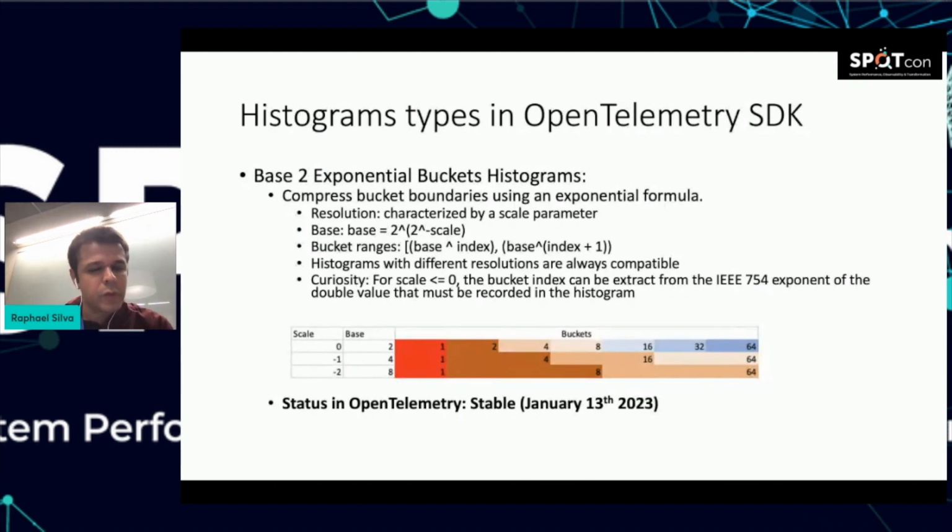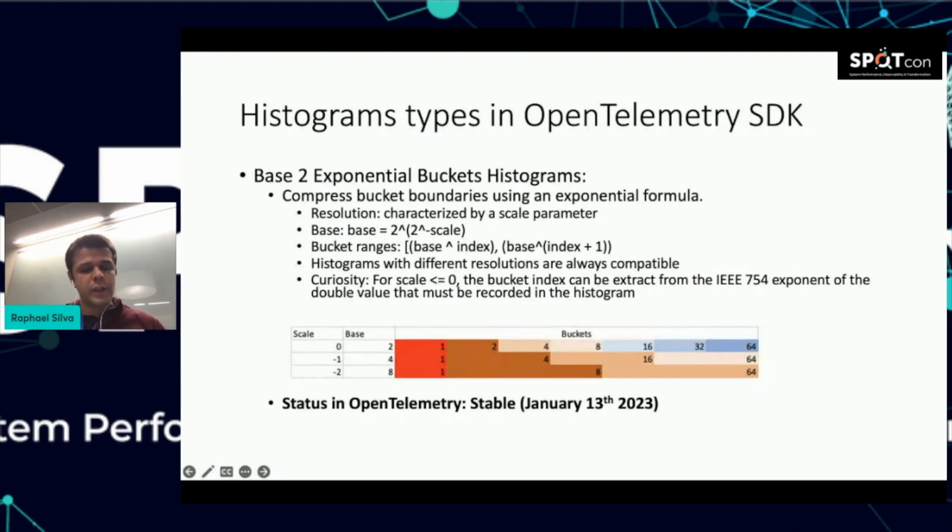This is what we are visualizing here in this table. In this table, we have the colors representing the bins in each histogram, and the numbers represent the range. So we can see that the ranges of the histograms of different scales are always compatible with each other.